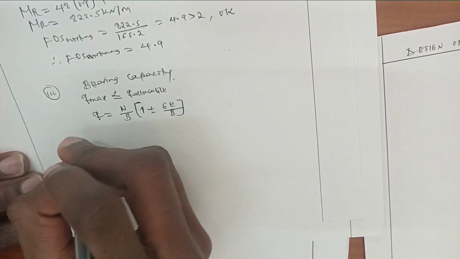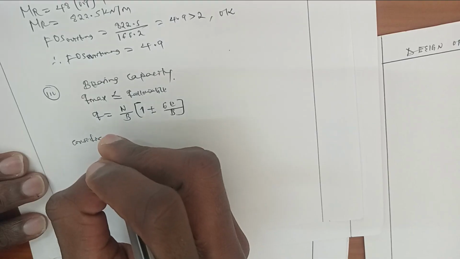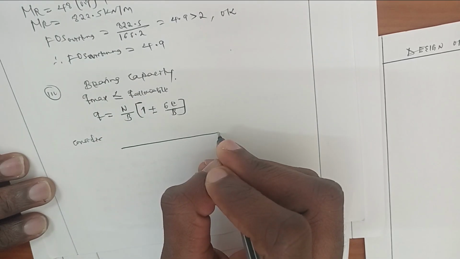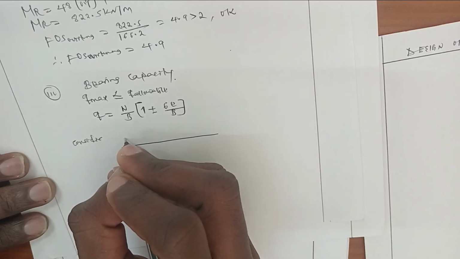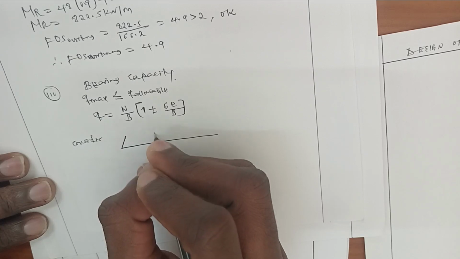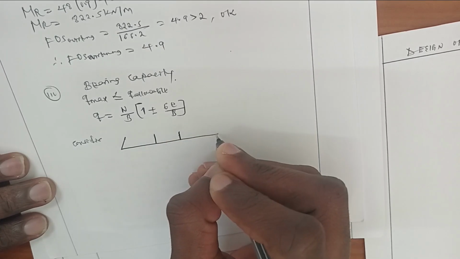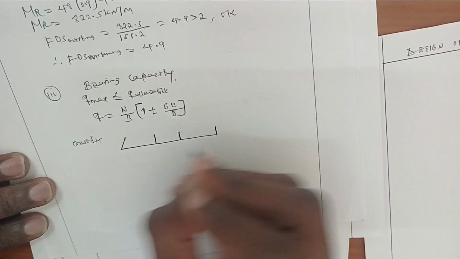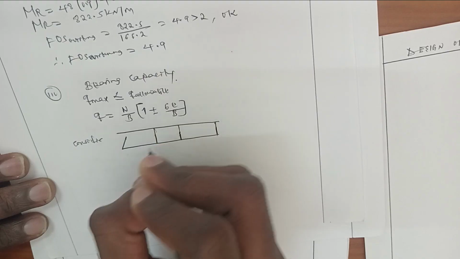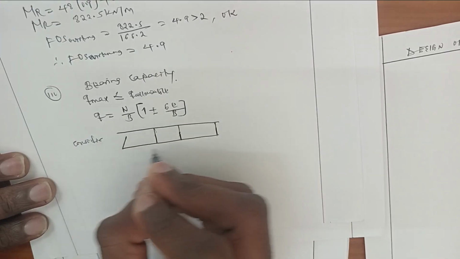Now, let's consider this diagram. This is the retaining wall, which has this thickness of stem. This is the base of the retaining wall.